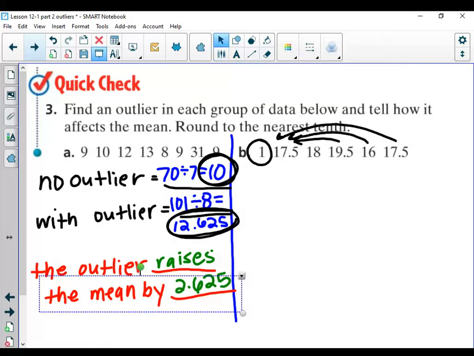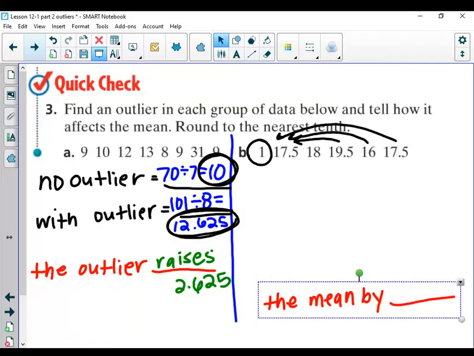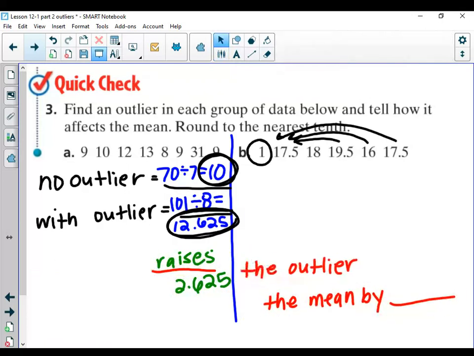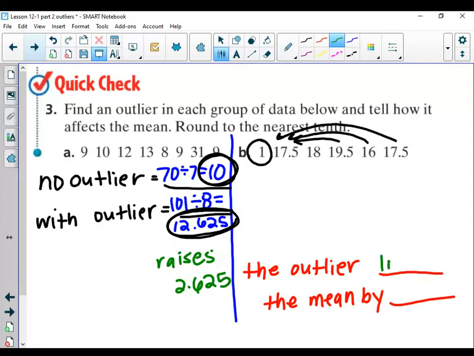So you could basically write this sentence halfway by saying the outlier lowers the mean by. Right, yes.